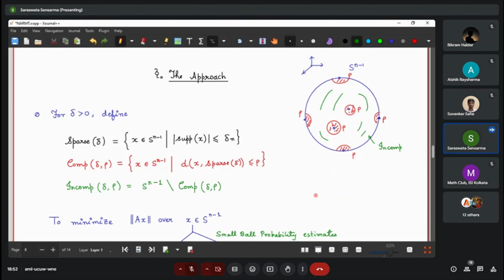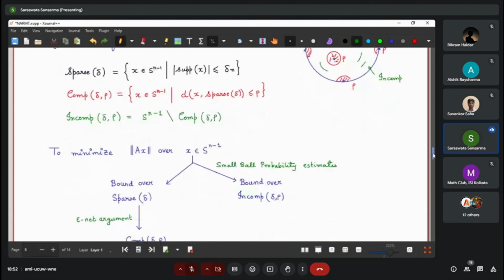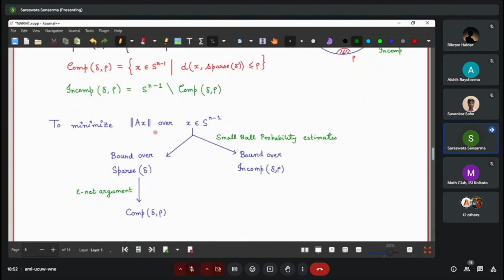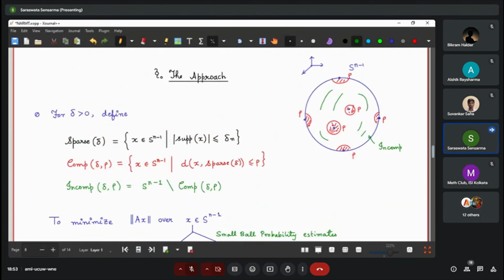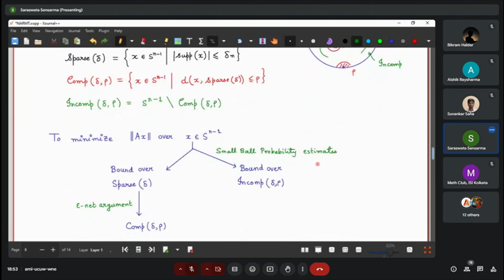First, we would like to give a bound on the minimum of the norm of Ax. First, we give a bound over sparse vectors, and then compressible vectors, which are close to sparse vectors, so we can extend that using an epsilon net argument as we did before.